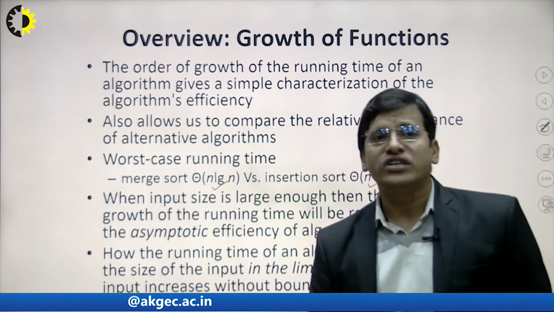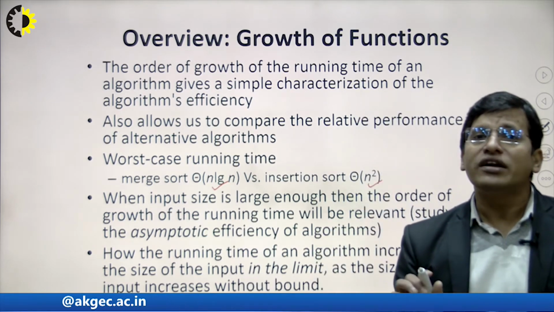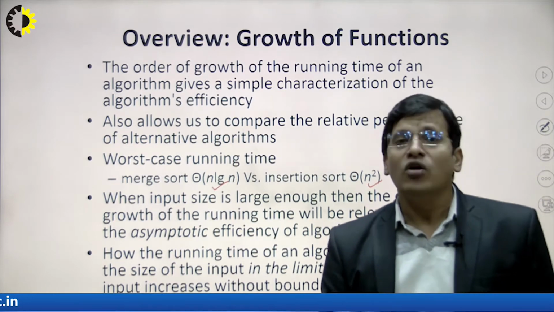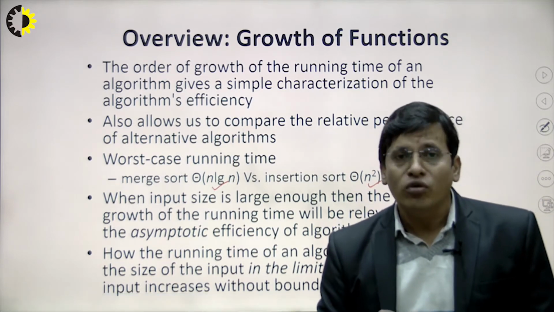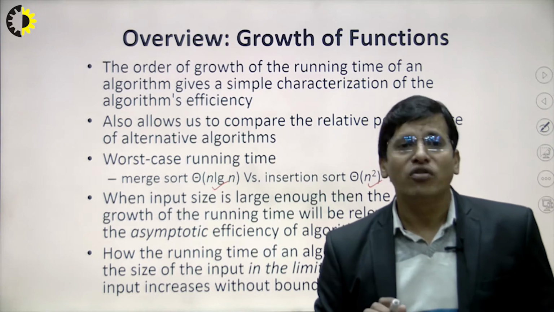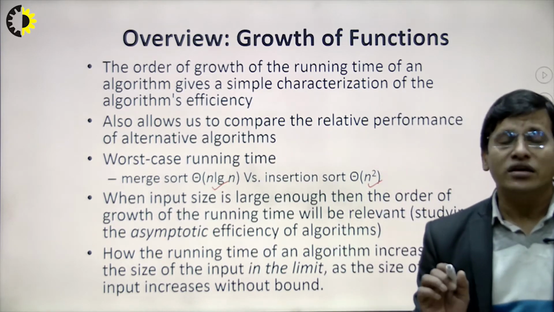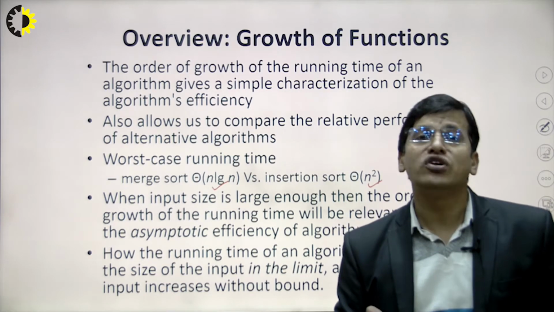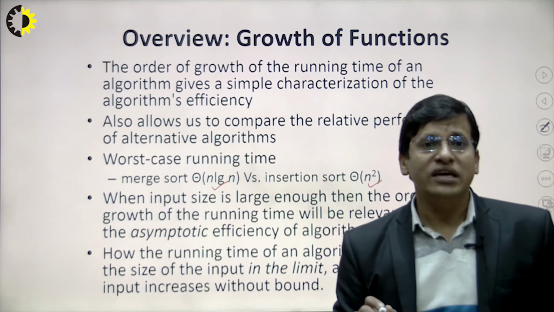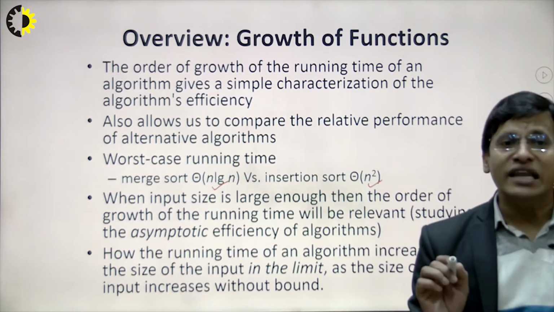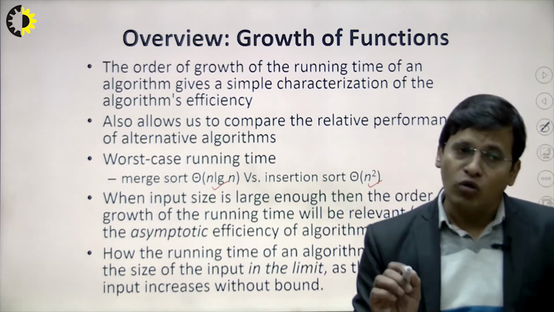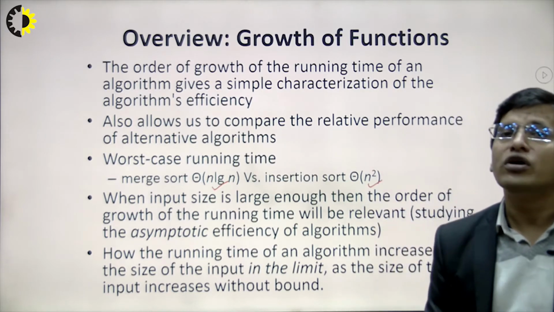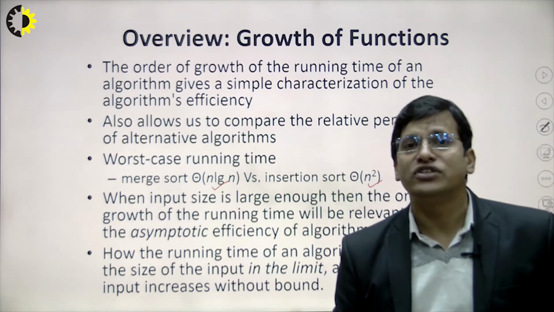When the input size is large enough, we are trying to find out not only for a limited number of inputs, but the order of growth on the basis of a large number of inputs. That's why input size is one of the factors for comparing the performance of any algorithm. When input size is large enough, then the order of growth of running time will be relevant, which we are going to study in the asymptotic efficiency of that algorithm.